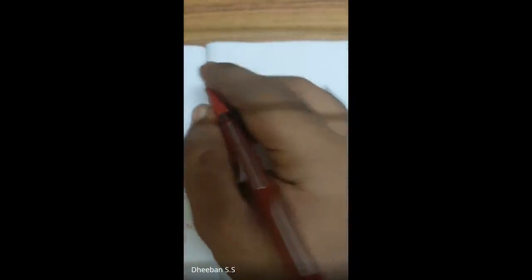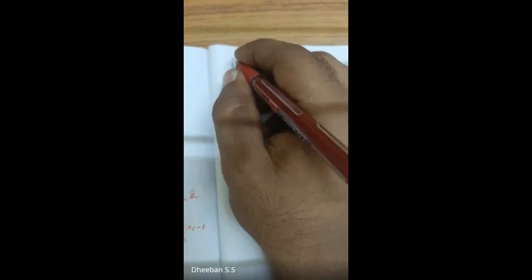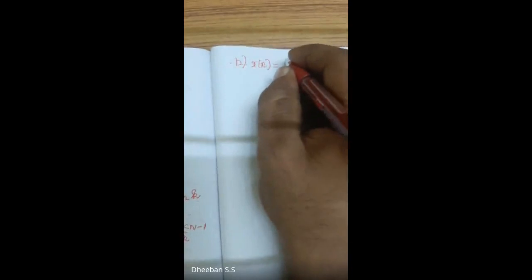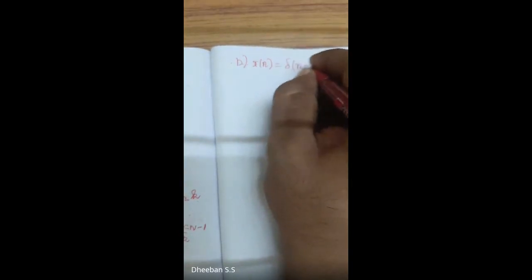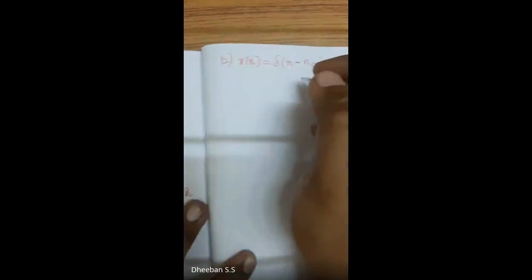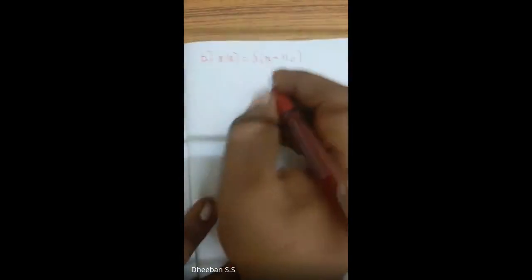Now moving on to B, which is x of n equal to delta of n minus n naught. You have to put the formula.